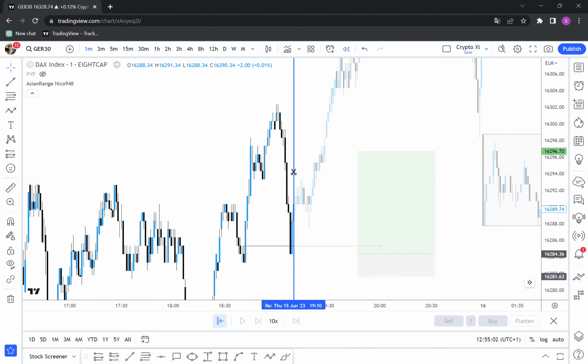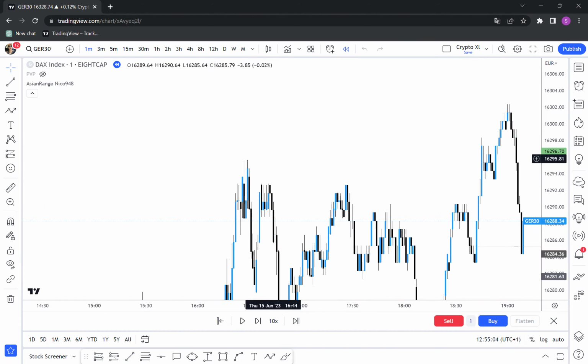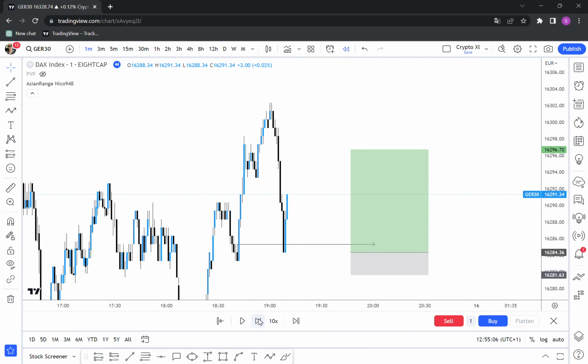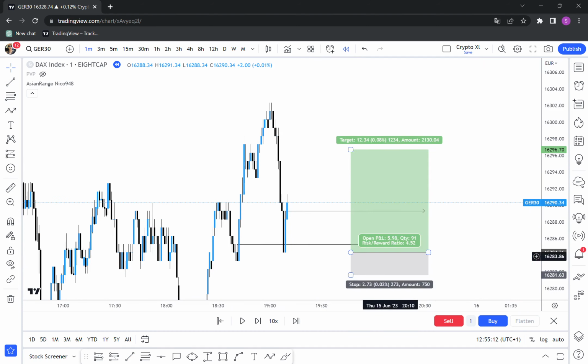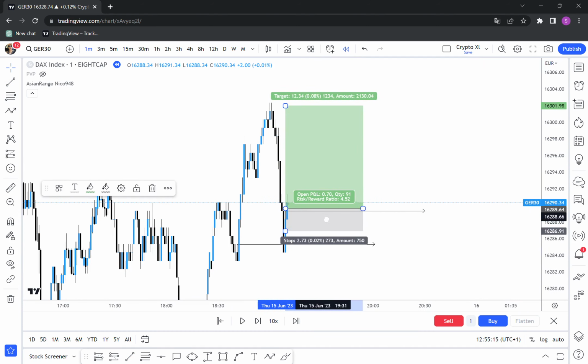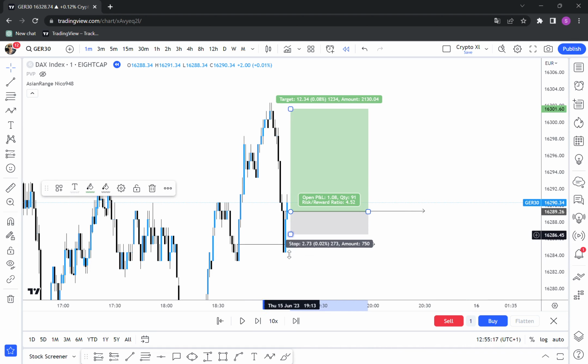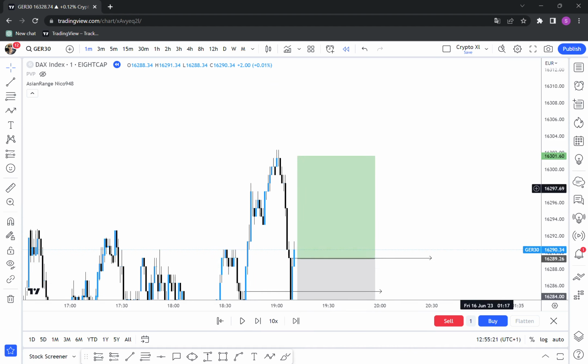Let me show it better to you. We had this candle, and then price gave us another candle, leaving us this imbalance to fill. You could put the entry here with the stop loss behind, below the reaction, putting the target.